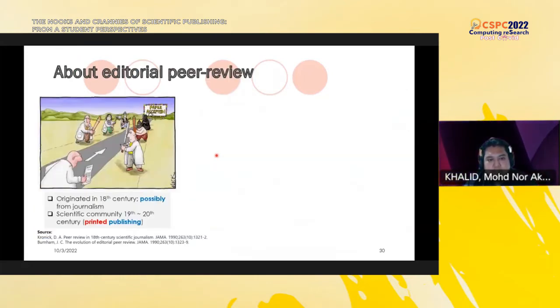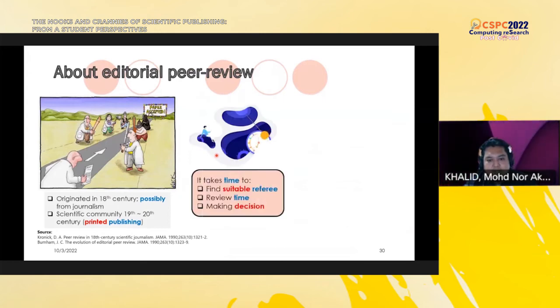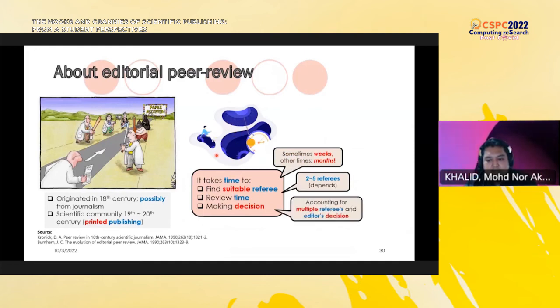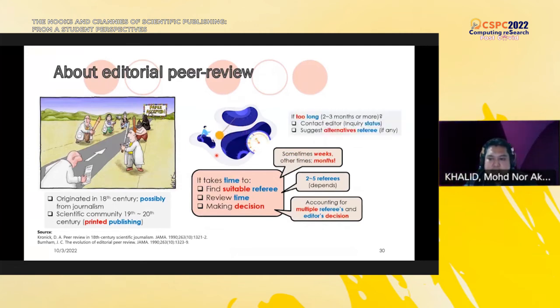And you need to understand editorial peer review because it takes time. Sometimes weeks, sometimes months, right? So you need to account for this factor whenever you submit your publication. If you submit and didn't get any response, you can contact the editor to inquire about the status of your publication.